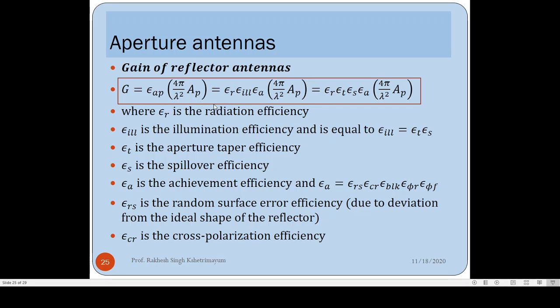Epsilon r is the radiation efficiency, which you usually have for an antenna. Another is the illumination efficiency, which is equal to the product of two other efficiencies: the taper efficiency and the spillover efficiency. We'll define all these terms one by one later on.